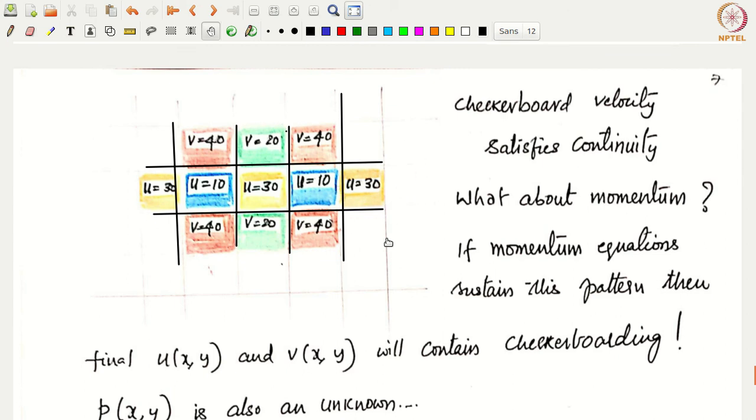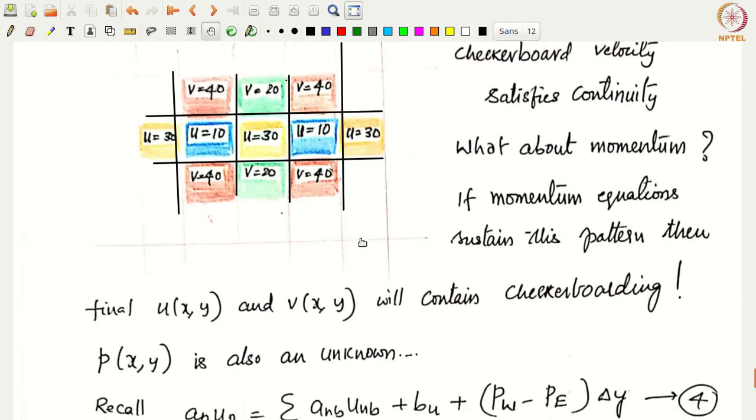Because this is supported by the continuity equation, if the momentum equation sustains this pattern for some reason, then the final u and v will contain checkerboarding. We don't want checkerboarding because that is not something that is physical. We don't want these kind of oscillations prevailing in the solution, and still our solution converges to some value.